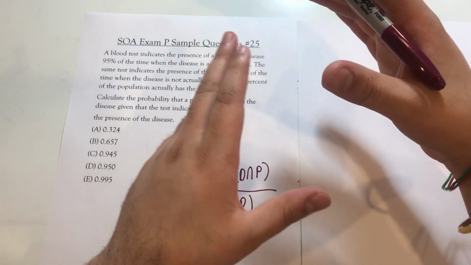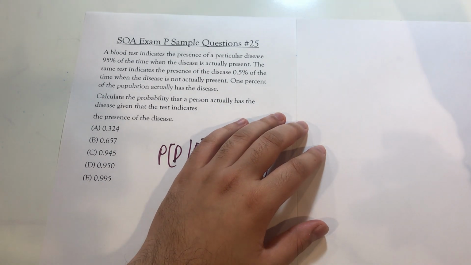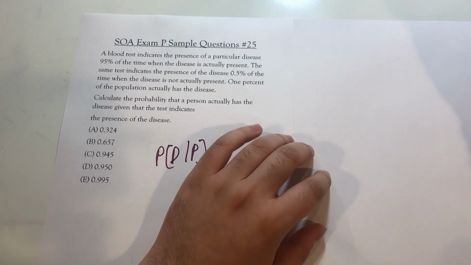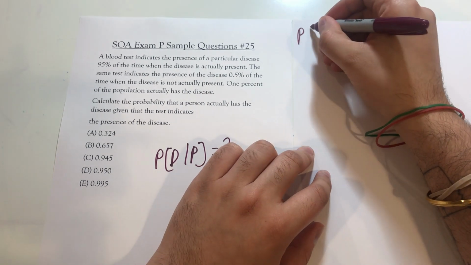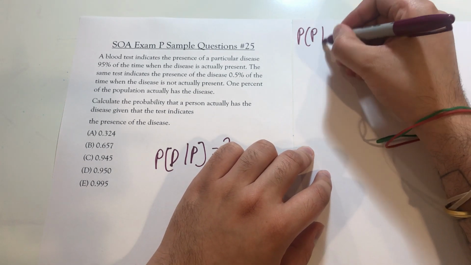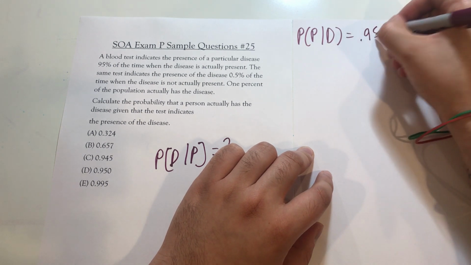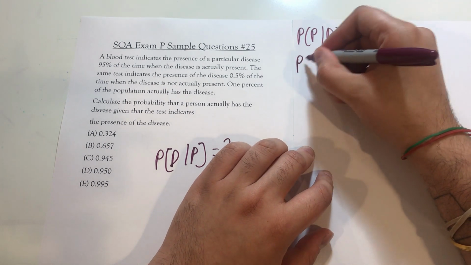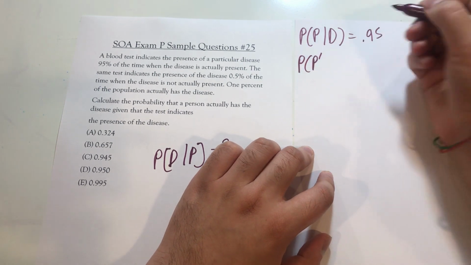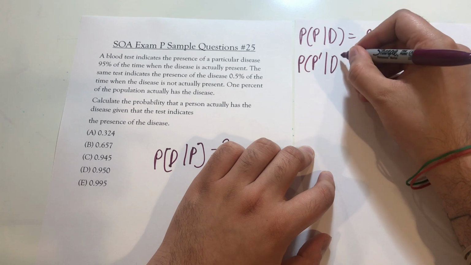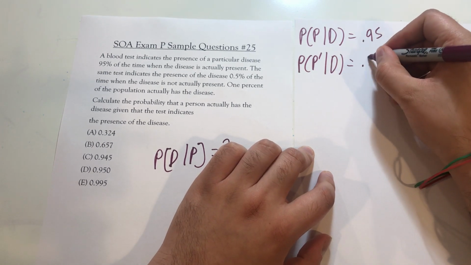So given the disease is present, you get a positive result 95% of the time. The probability of a positive result given that somebody has the disease is 0.95, which implies the probability of a negative result, P complement, given that somebody has the disease is 0.05.